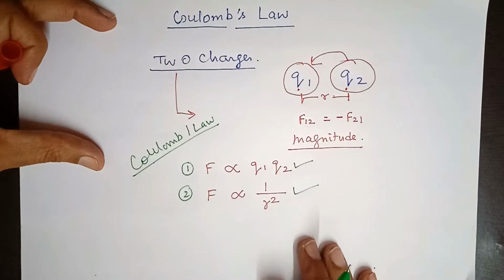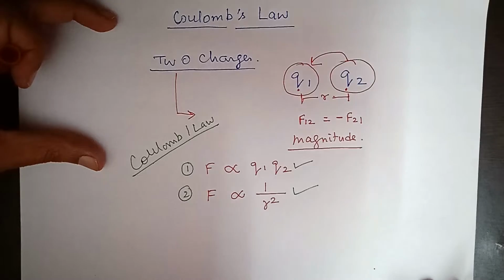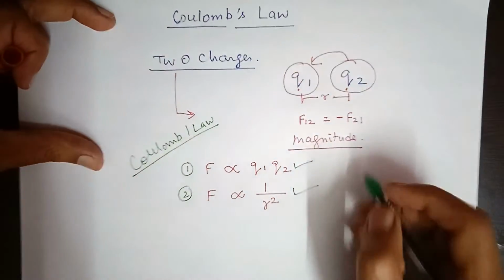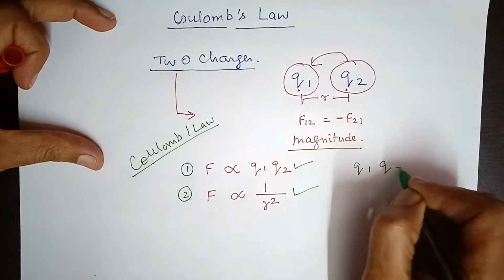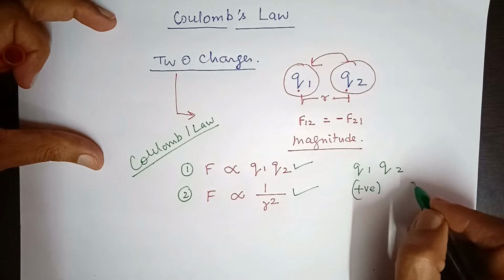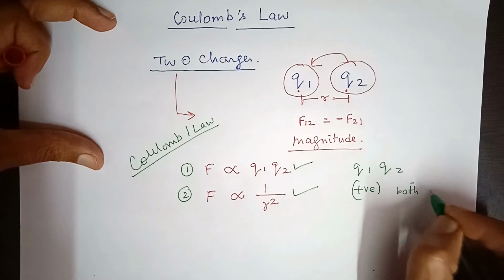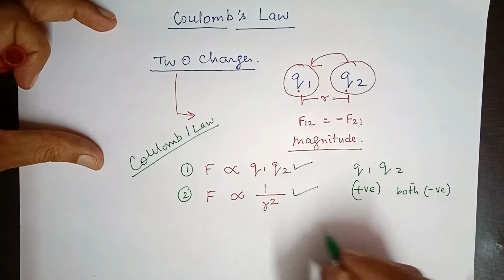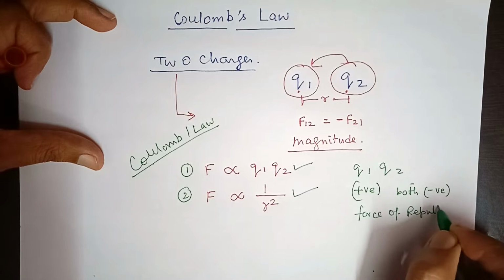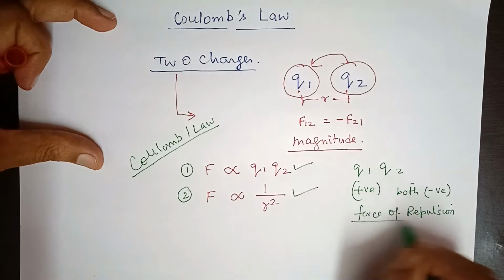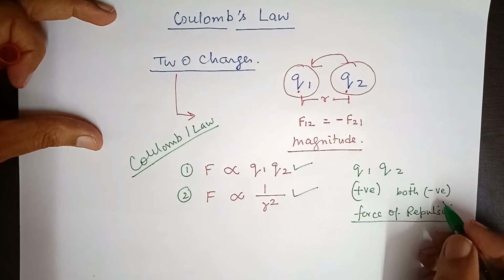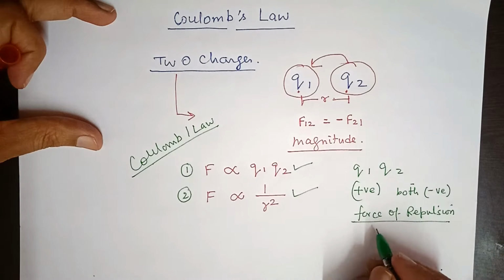So these are the two implications. According to Coulomb's law, if Q1 and Q2 are both positive or both negative, then there will be a force of repulsion. This you already know. If both charges are alike, either both positive or both negative, then there will be a force of repulsion.